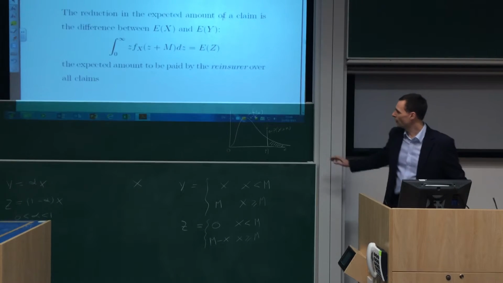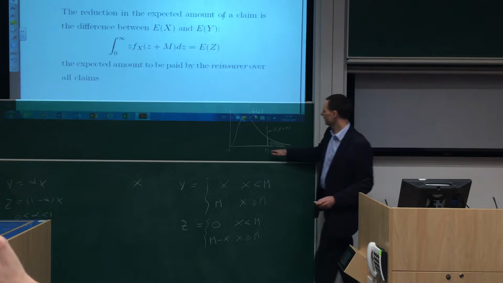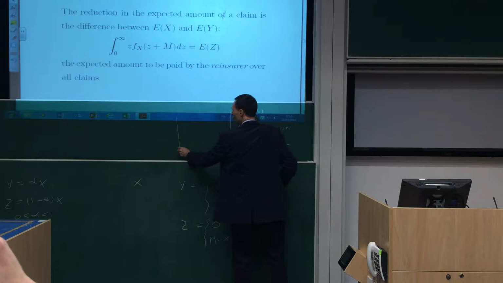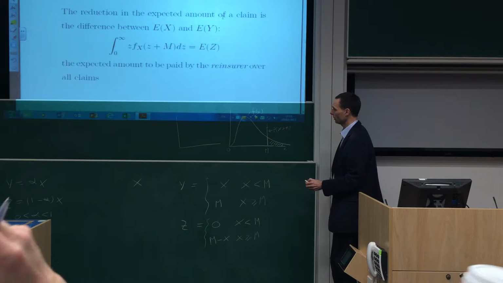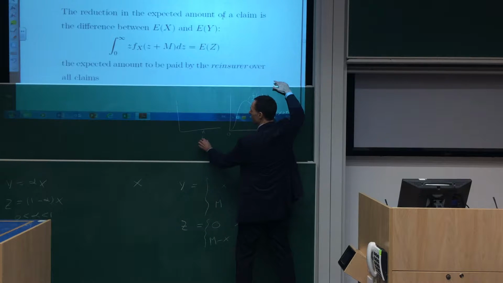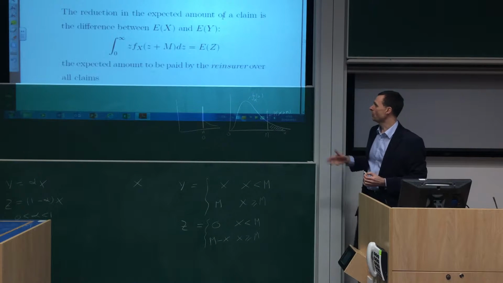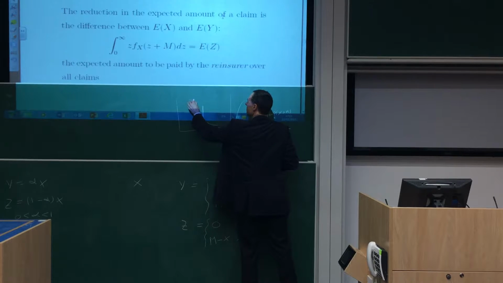Now, just to confirm yourself, what is the distribution of Z? Well, if we were going to draw the PDF of Z, what would it look like? Well, it would start here. When X was the value m, Z would be 0, and then it would have this tail. So Z is 0 whenever X is less than m.